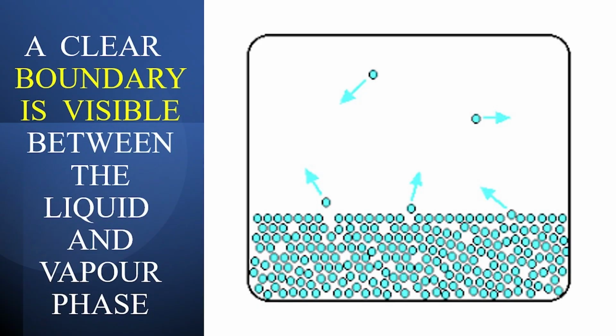At first, a clear boundary is visible between the liquid and vapor phase because the liquid is denser than vapor. As the temperature increases, more and more molecules go to the vapor phase and the density of the vapor rises. At the same time, the liquid becomes less and less dense.